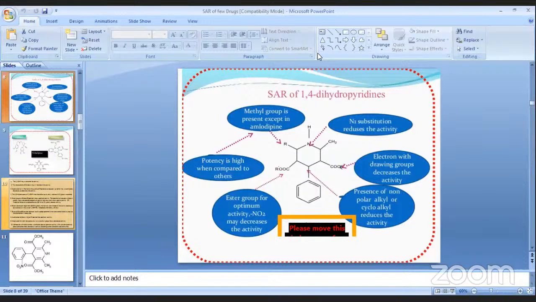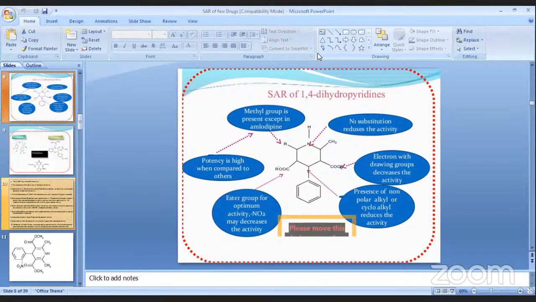So 1,4-dihydropyridine is the basic pharmacophore, and when you replace this hydrogen at position 1, the molecule becomes inactive. So a substituent at N1 is not to be placed.